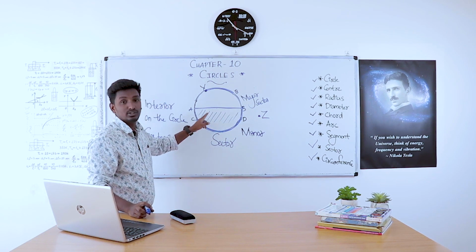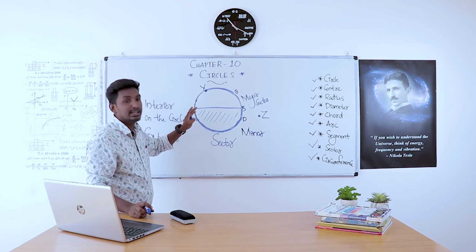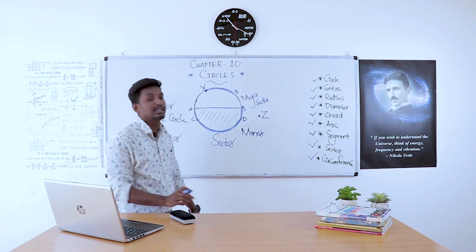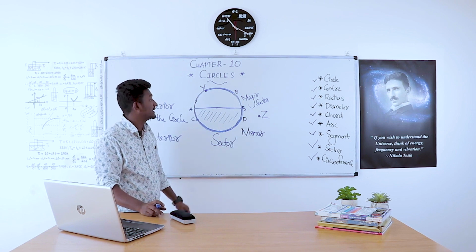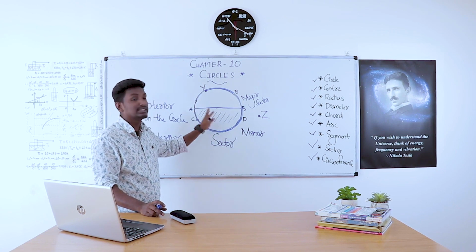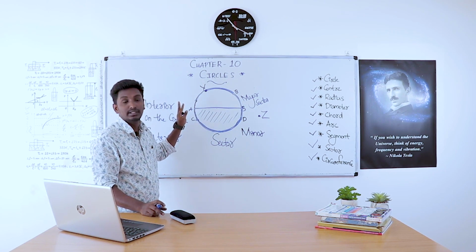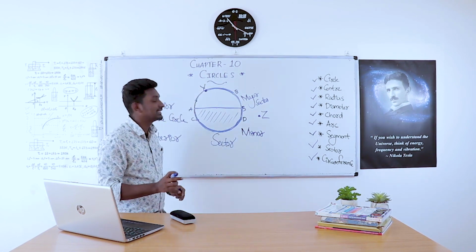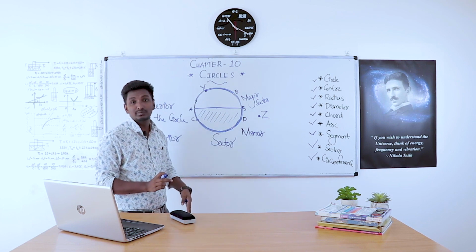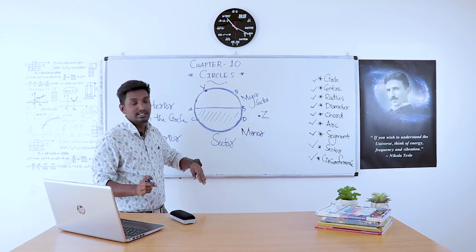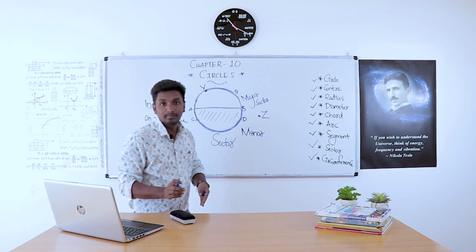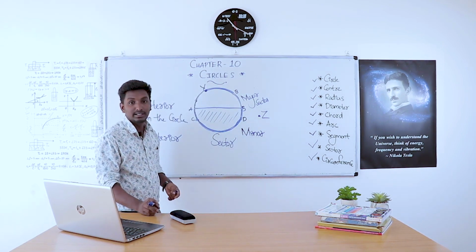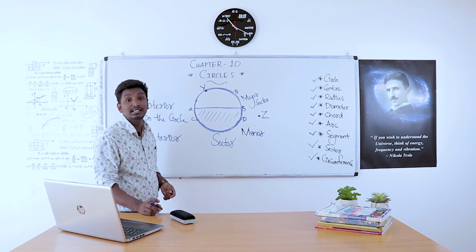But the importance of this is that here the minor sector and major sector are of the same area. That means both minor and major sector are the same. If both of them are the same, then we need not call it major or minor. If it is larger and smaller, then we call it major and minor. If it is of the same area, then we call this a semicircle.